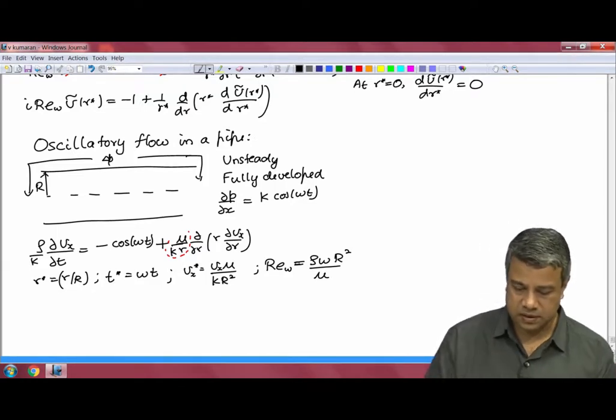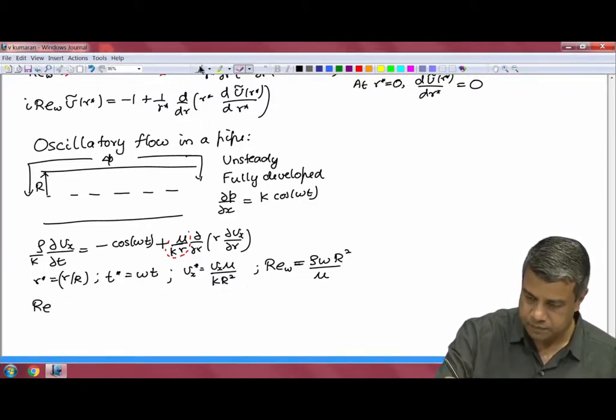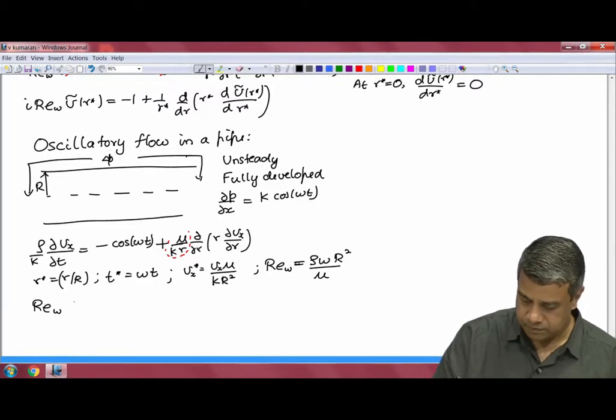And if you do it this way, the equation becomes Re omega partial V x star partial t.